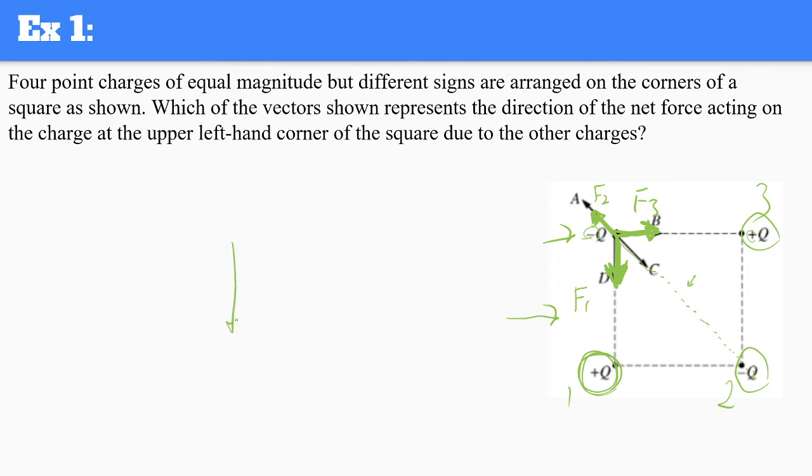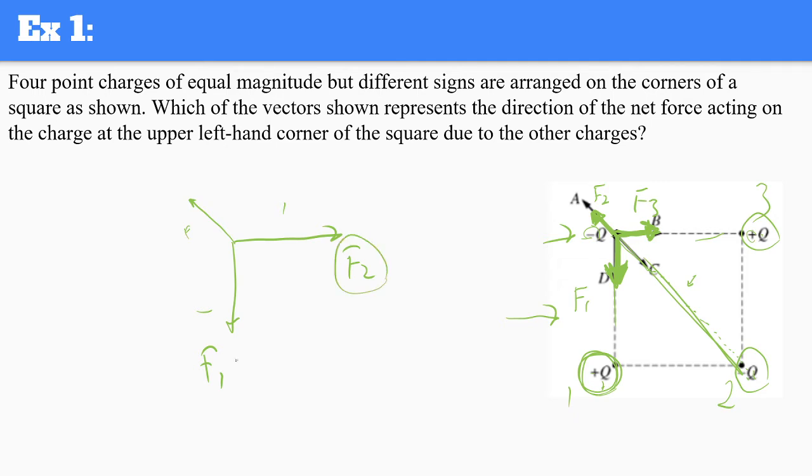We have F1, we have F2, and those two are the same length. How do I know? Because charges are the same, distances are the same, so they're going to be the same force. But this one is going to be a little bit shorter because charge is the same, but distance is more. So this vector is going to be less than the others.